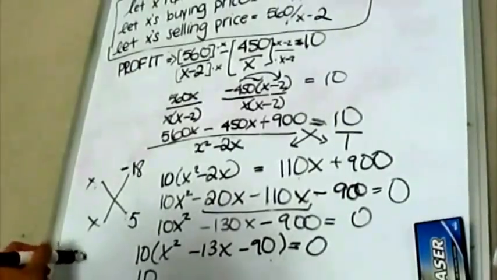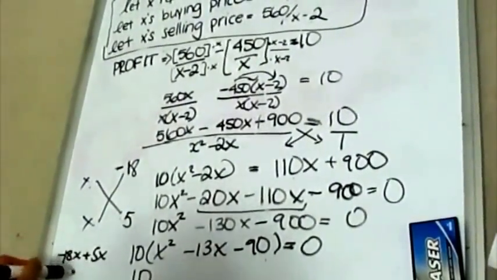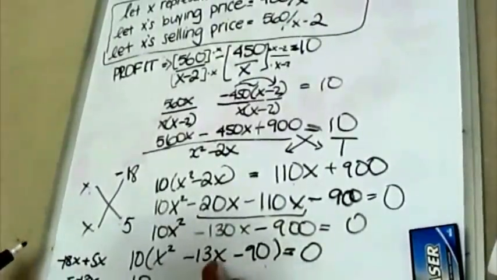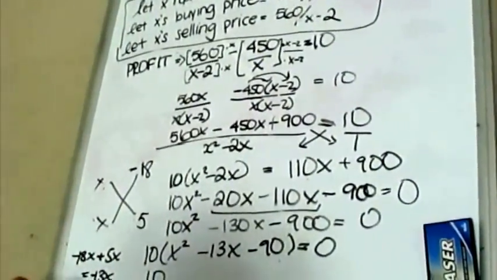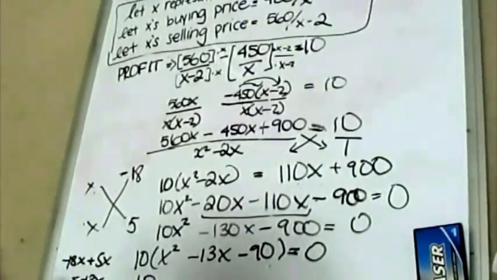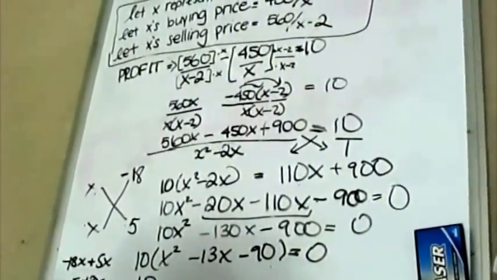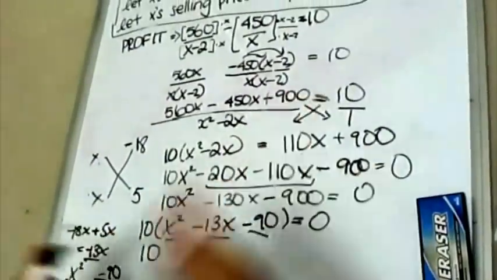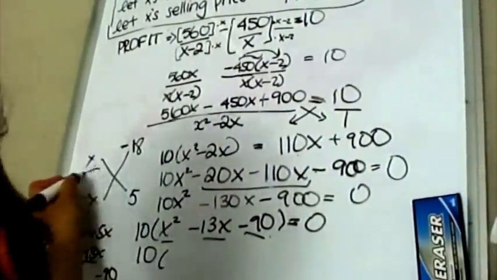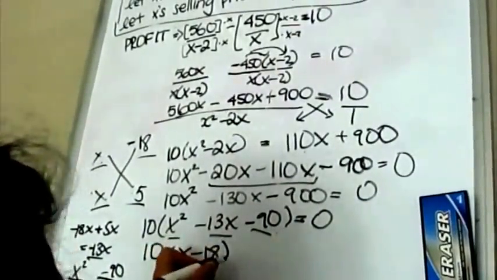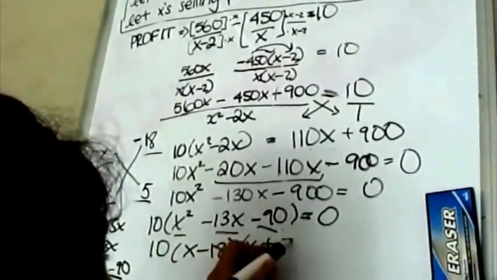If you add negative 18x and 5x, you end up getting negative 13x, which is our middle term. X times x is x squared, which is our first term. And negative 18 times 5 is negative 90, which is our last term. So if all these terms are the same as the terms here, we know that we've factored correctly. So let's look at our factors here. You've got x minus 18 and x plus 5.